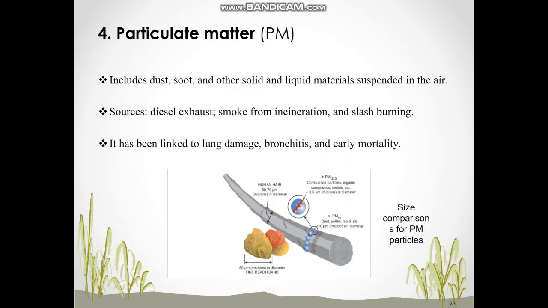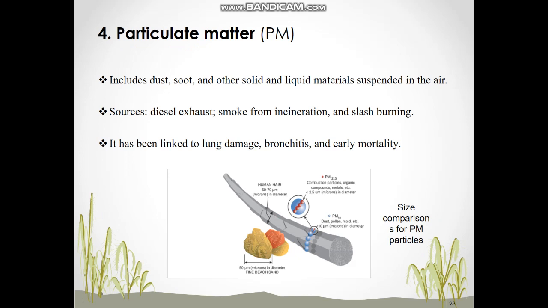The next criteria air pollutant is PM, or particulate matter, which includes both solid and liquid particles suspended in the air, such as dust, pollen, smoke, dirt, soot, and liquid droplets.